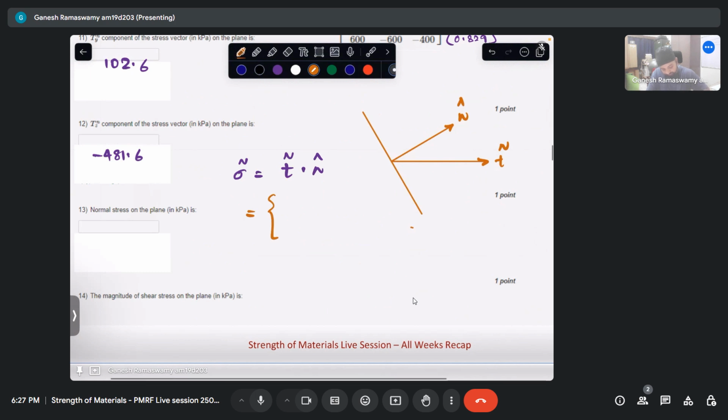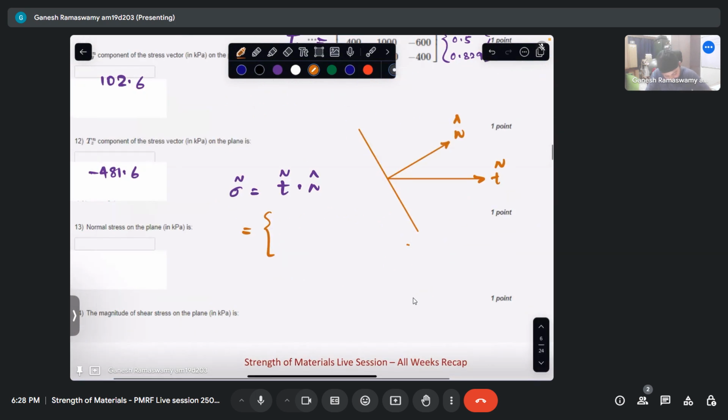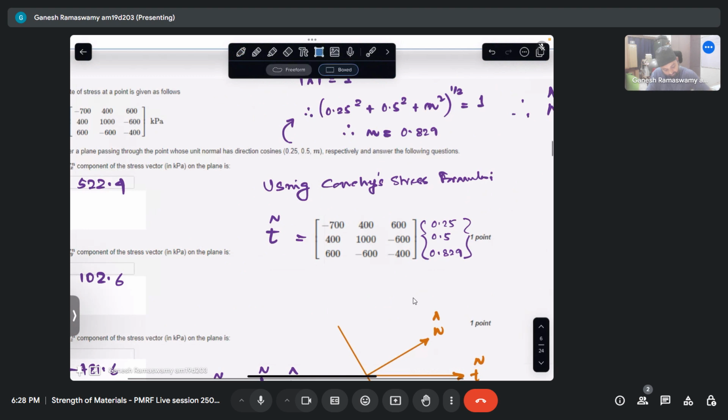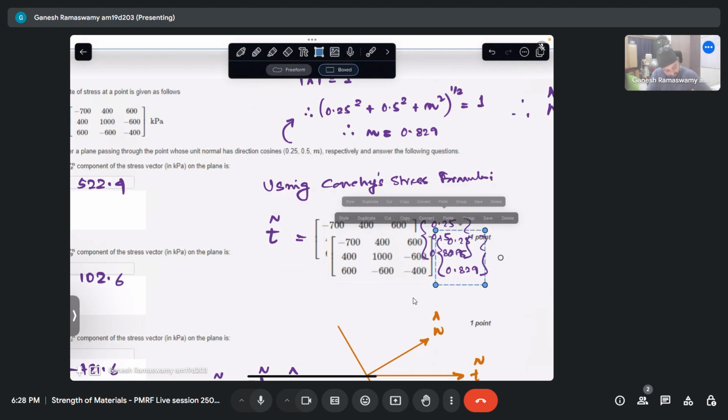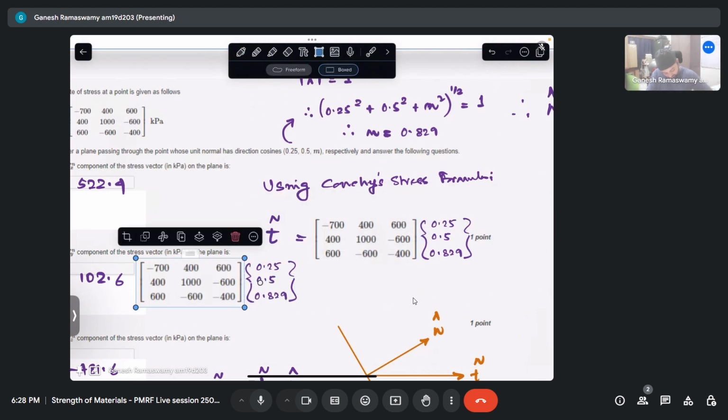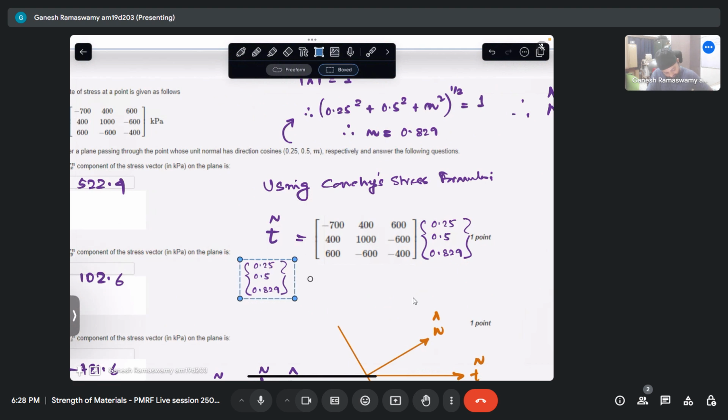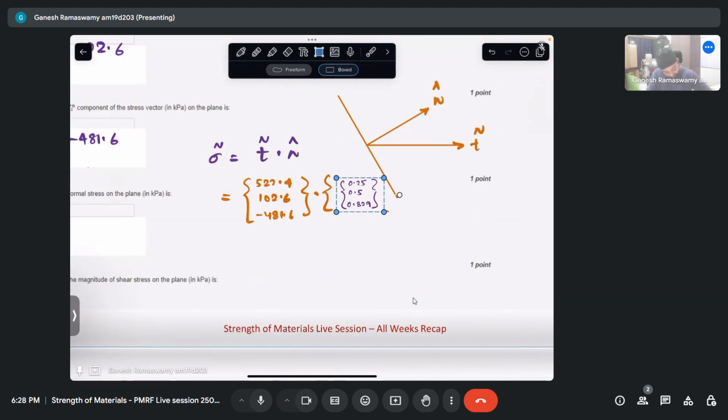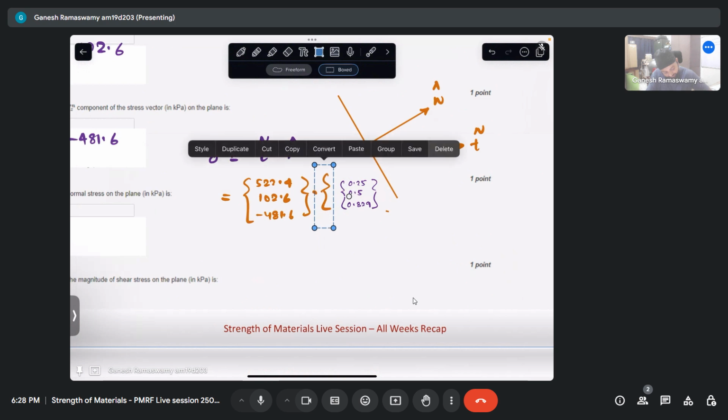So therefore, this will be these quantities 522.4, 102.6, minus 481.6 dotted with this vector, dotted with normal.